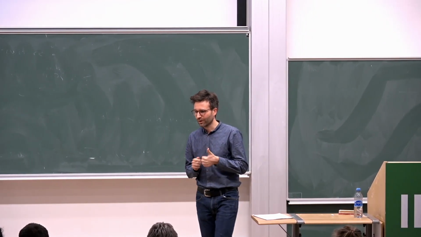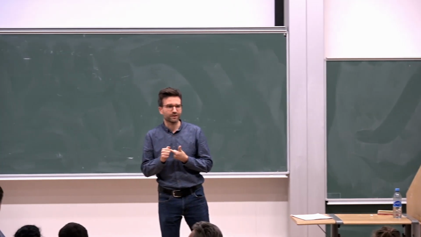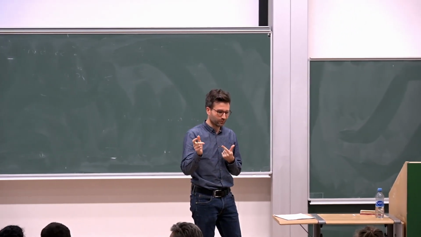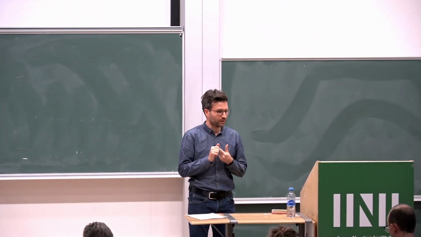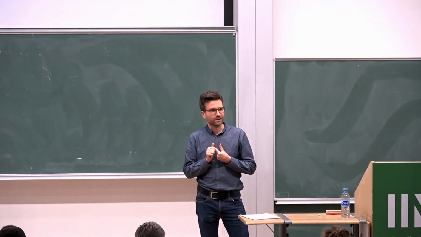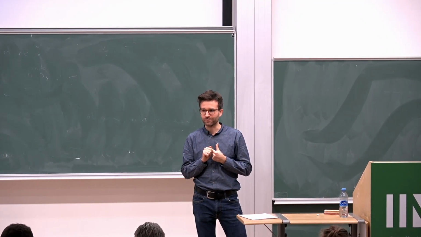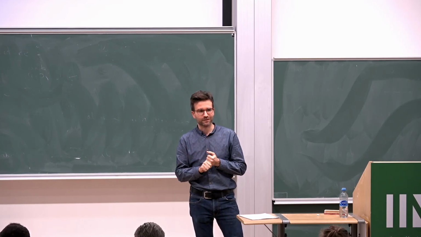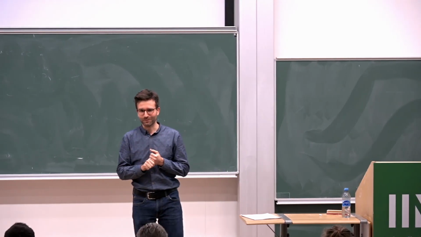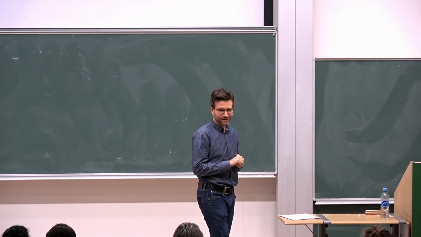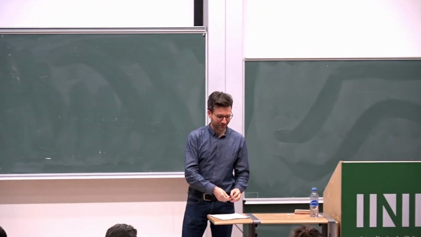The other option is to connect to Gemma's talk and see how to do entanglement entropy for general von Neumann algebras. There's also an exercise related to that. It's probably a bit harder to get through, but it's up to you.